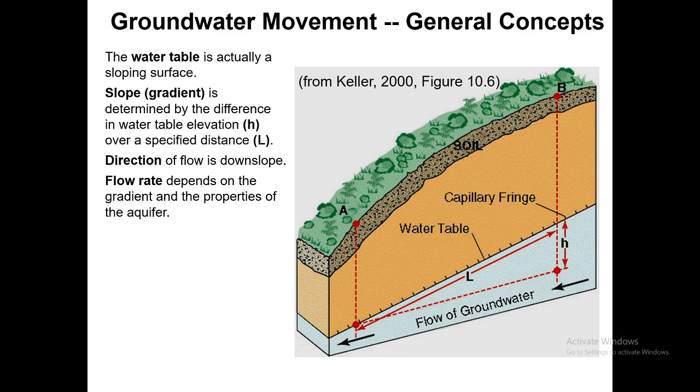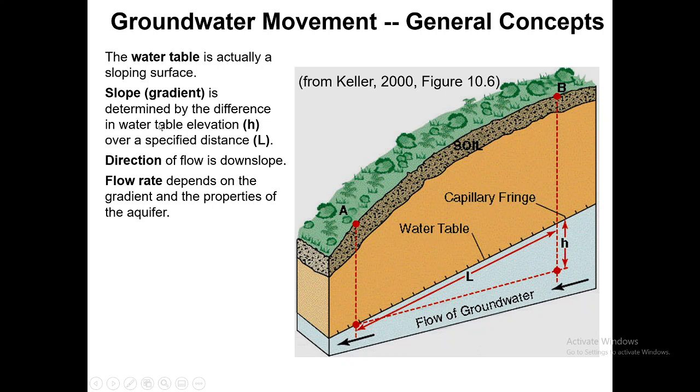Now, something about the groundwater movement, as we earlier discussed as well, that the movement of groundwater is directly related to the pressure head, hydraulic head, which is going to provide a slope, and based on that slope, the water is going to flow normally, and the path through which the water will be flowing is through the pores, voids within the geological structure. So in this case, water table is actually a sloping surface.